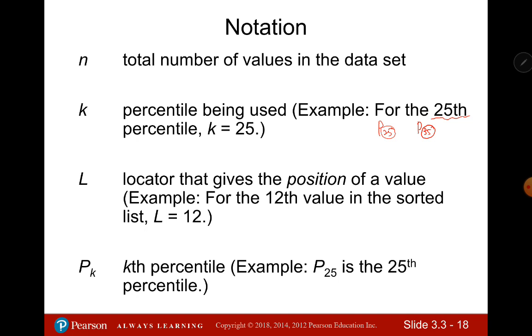Okay? And L means the location or the position. If L equals 12, which means in our sorted list, L is the 12th value. Of course, PK, because we already know K, is the Kth percentile. If K is 25, P25 means the 25th percentile.